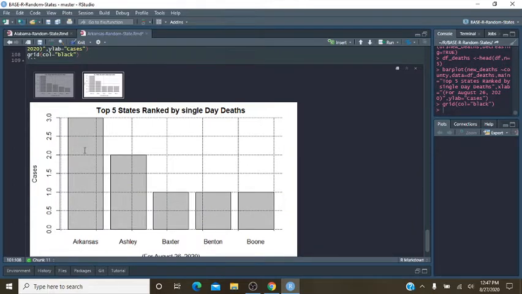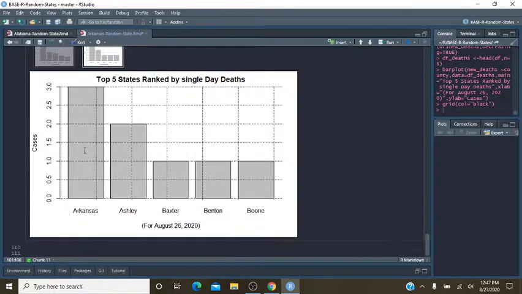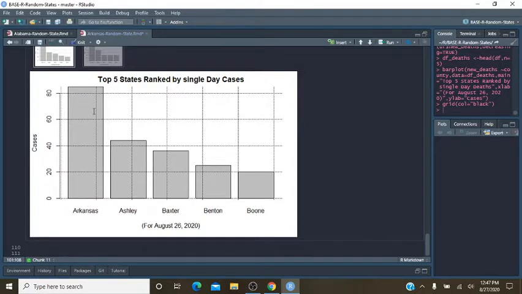The top 5 states ranked by the number of cases. In this case, on August 26th, Arkansas County had about 90 cases.